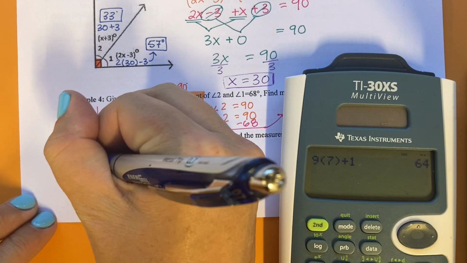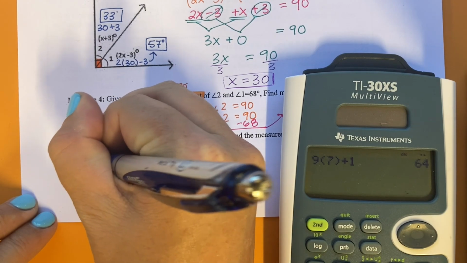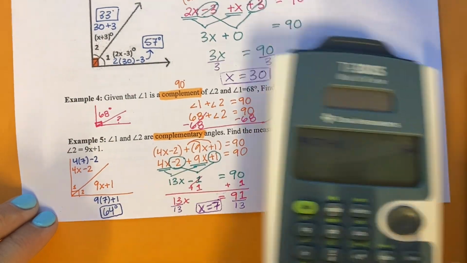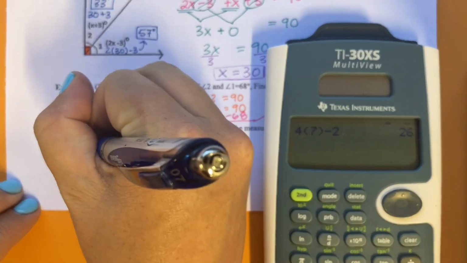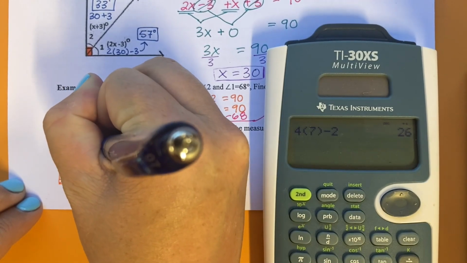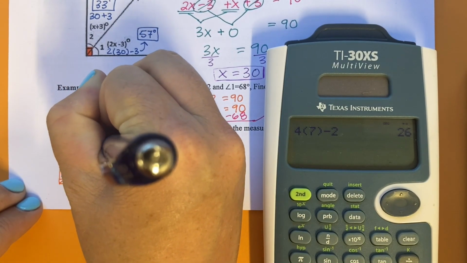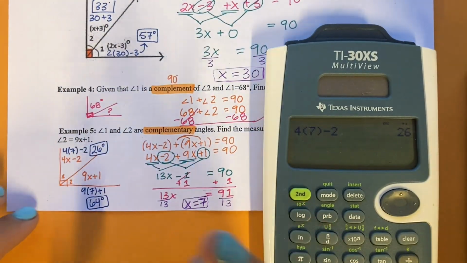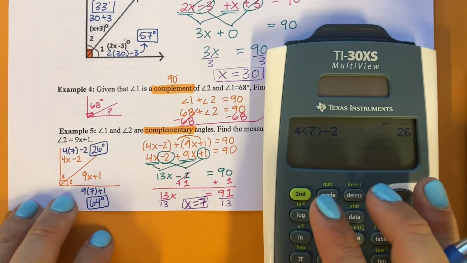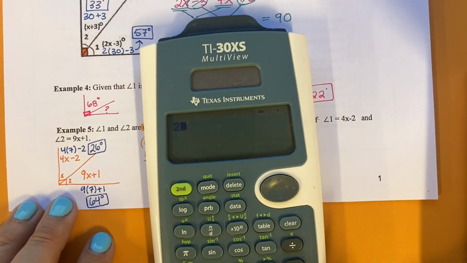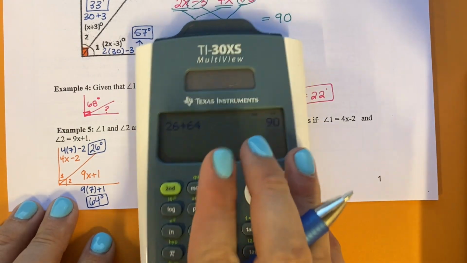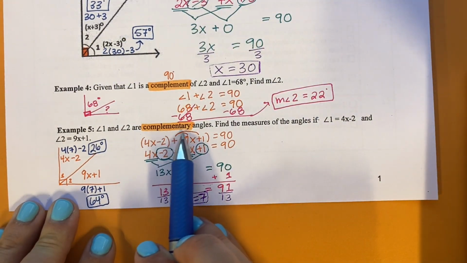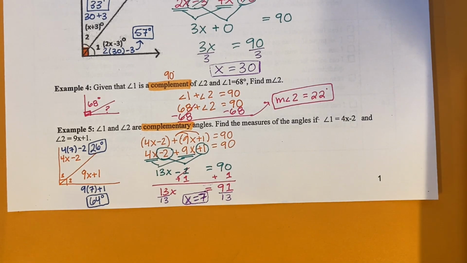And if I want the top one, I would type in 4 times 7 minus 2, which is 26 degrees. Together, 26 plus 64 is 90 for our complementary angles.